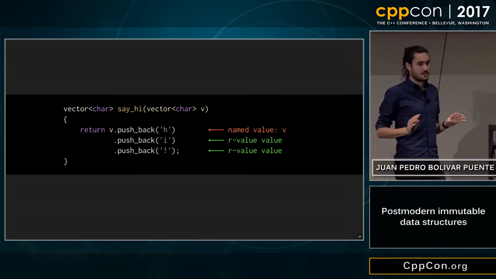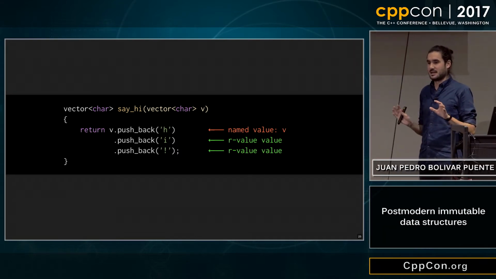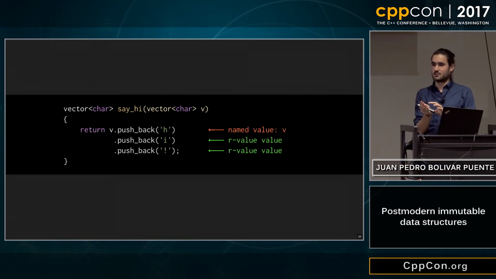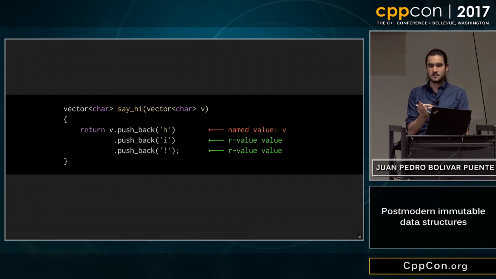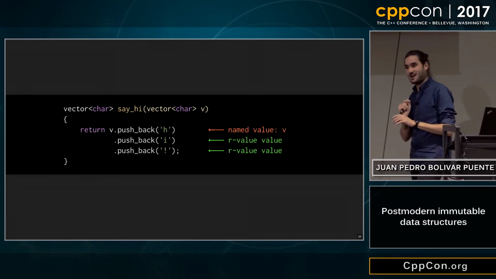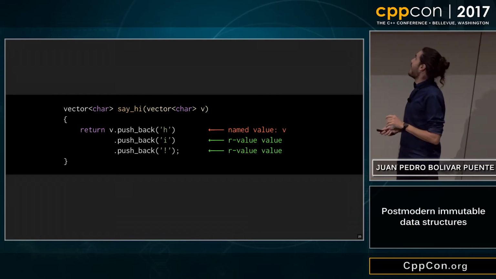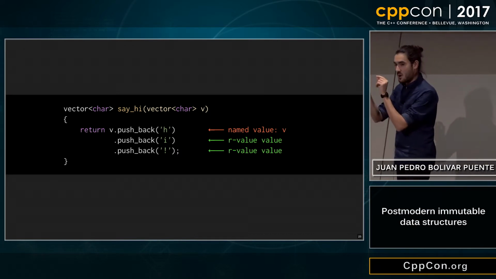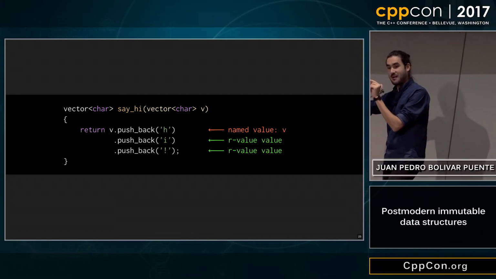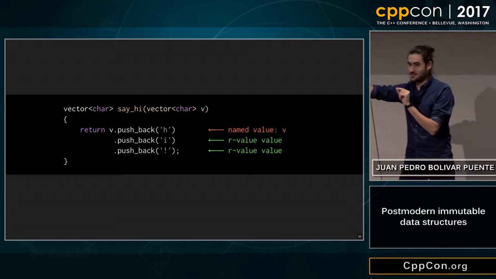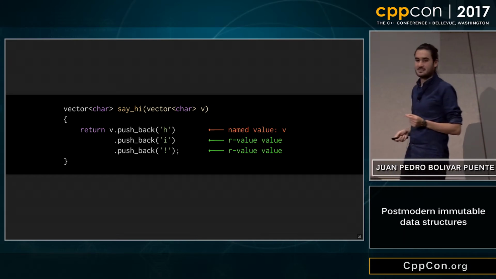So if you combine this vector with a policy that does reference counting under the hood for garbage collection, you can say, okay, if I have an rvalue and the nodes I'm looking at from the root only have one reference, no one else is looking at them, I can update them in place.